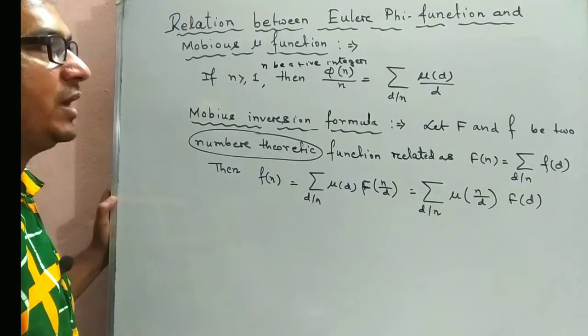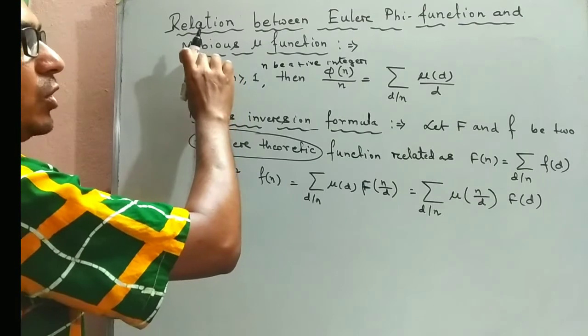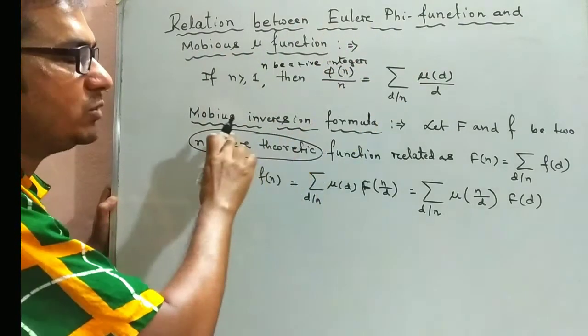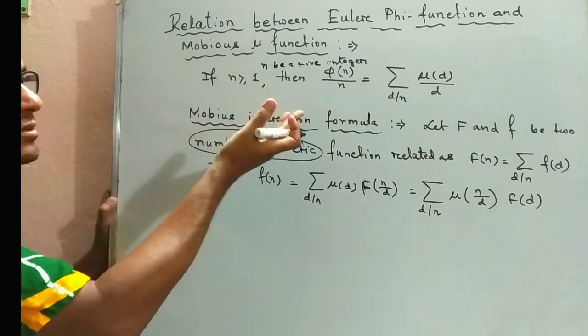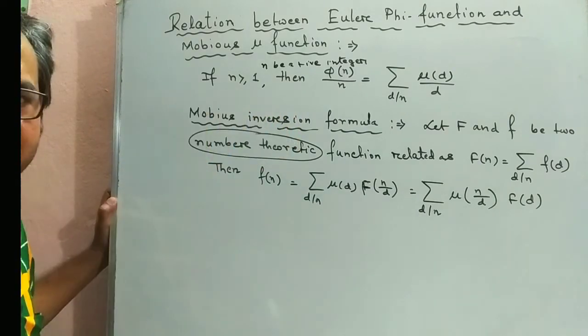Okay, and the proof of this relation is very short by using the Mobius inversion formula; its proof is in at most 2 or 3 lines.